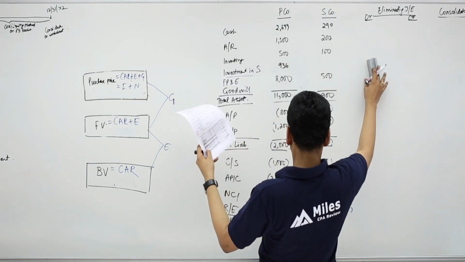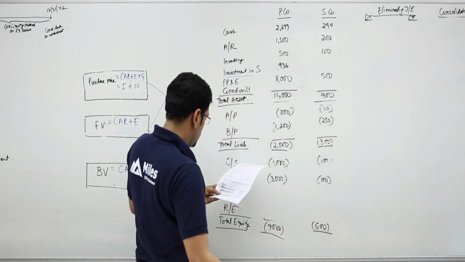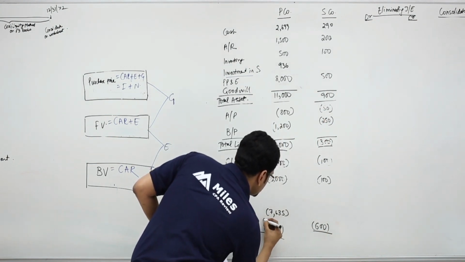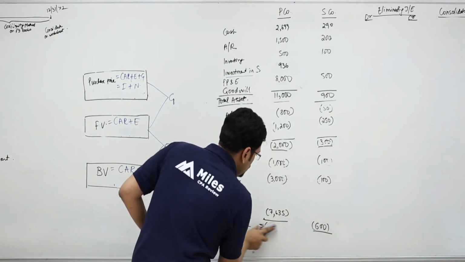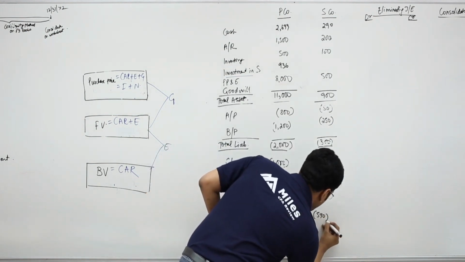So looking at the retained earnings numbers, super complicated, gives you 7,635 here. Totals would change and gives you 590 here.